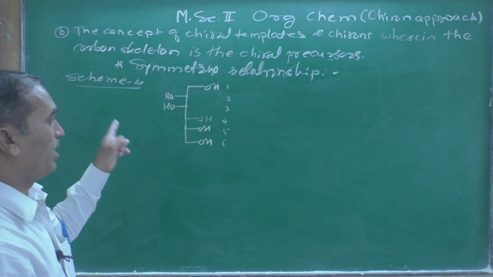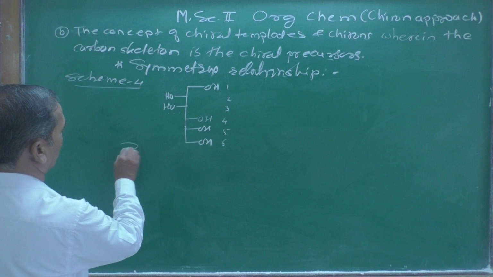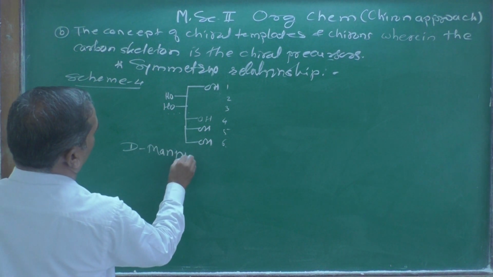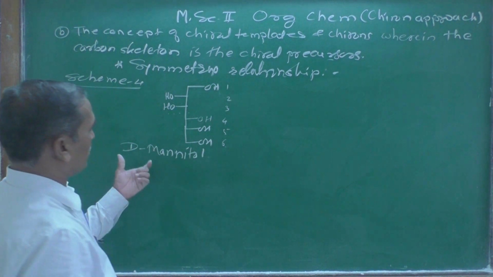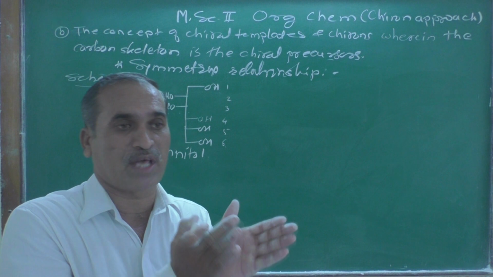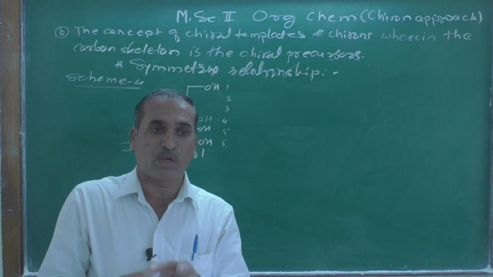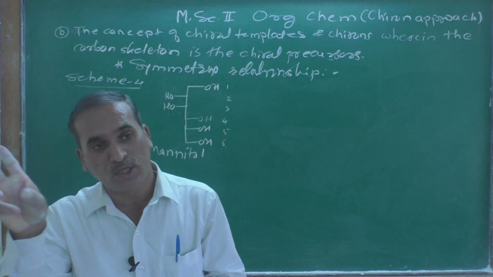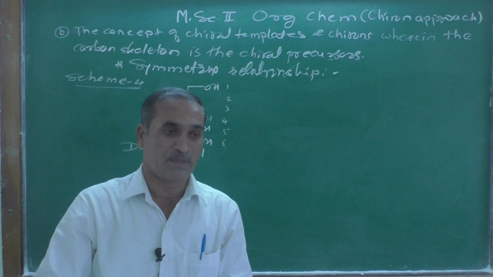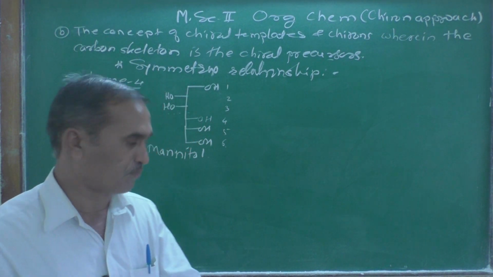And what is the name of this compound? The name of this compound is a very important one, D-mannitol. This is D-mannitol, because using D-mannitol as the starting material, we are going to synthesize all these 6 compounds which we will learn in the next few lectures.